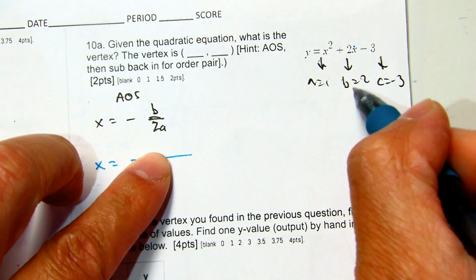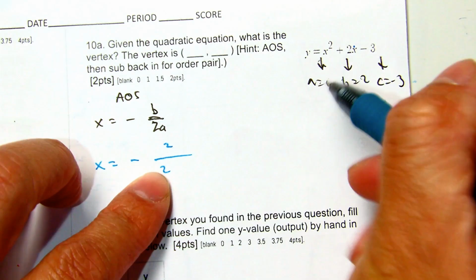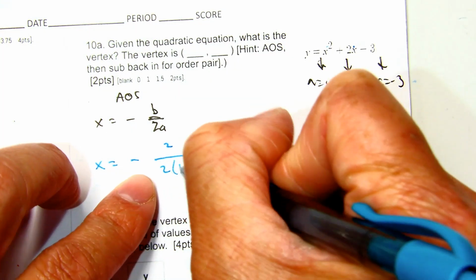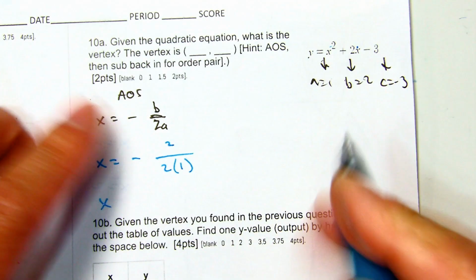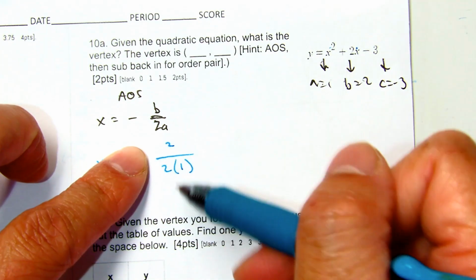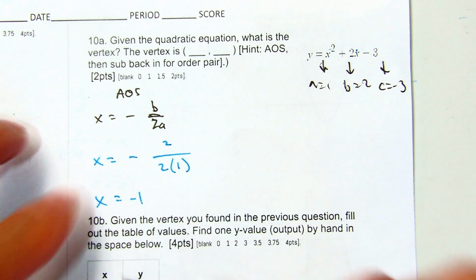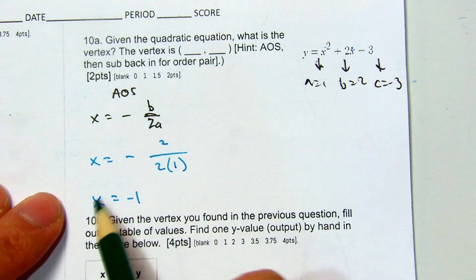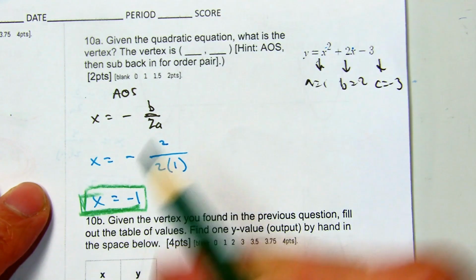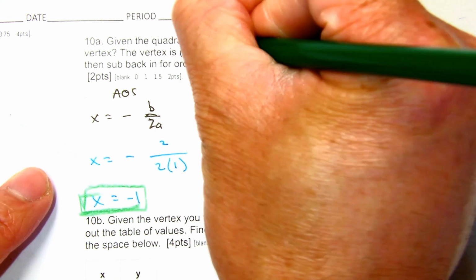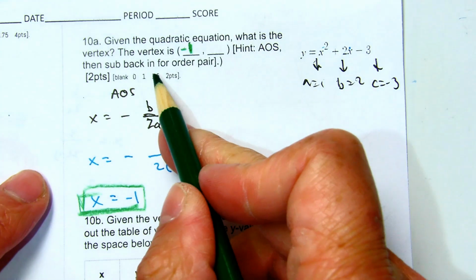My B value is 2, A value is 1. Use your finger, that becomes 2 over 2, which is 1, so the answer is -1. That's why I'm writing up here -1. You got 1.5 points if you got this answer.